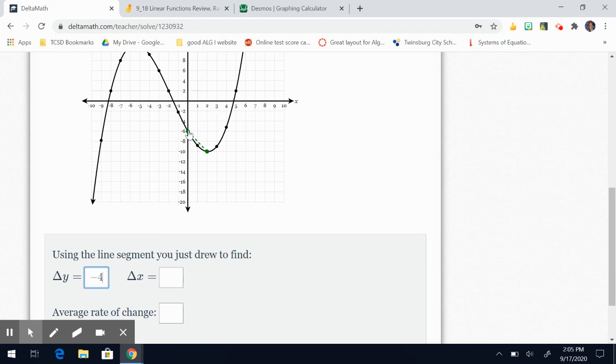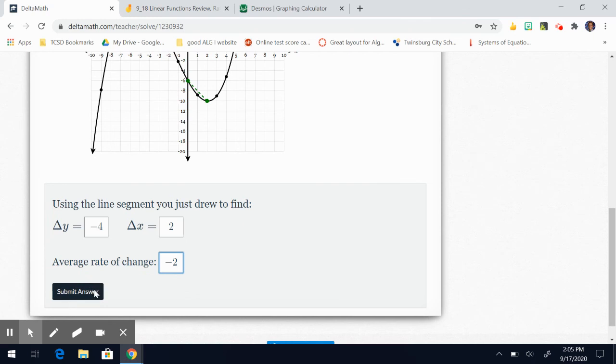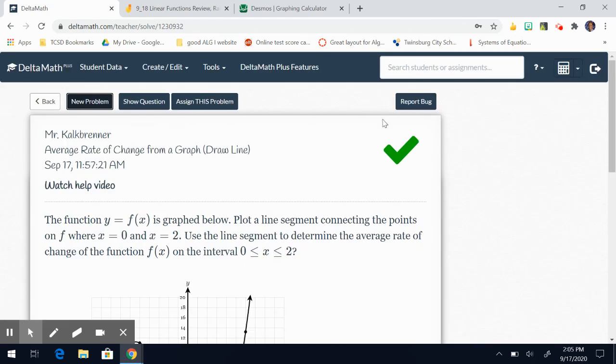So be careful. You go over 1, you go over 2, right? 1, 2. So we put a 2 in here. What's our average rate of change? -4 divided by 2 gets us -2 because we simplify. And there's our green check for correctness.